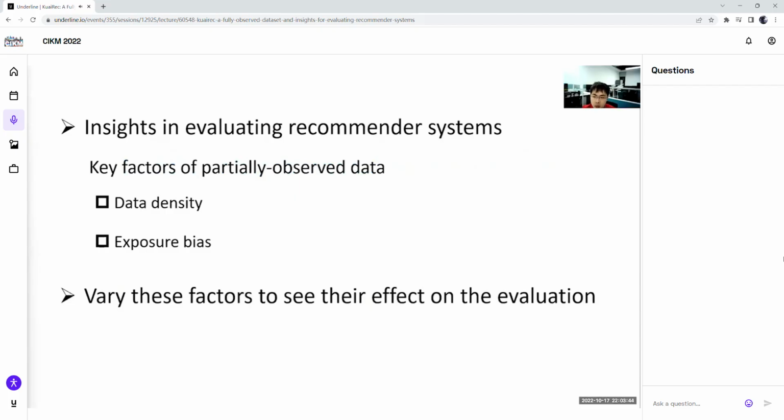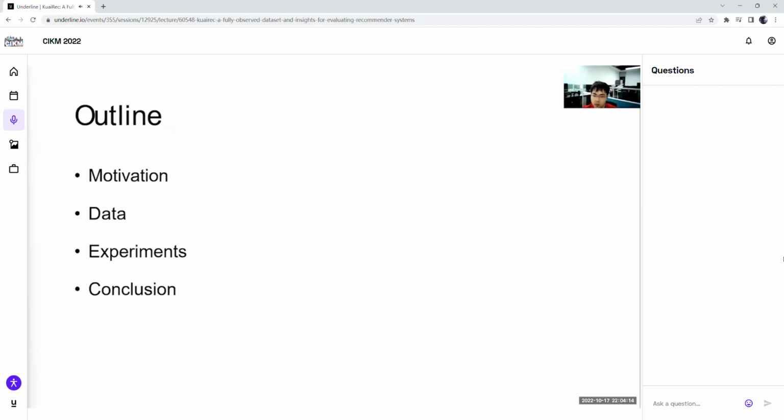Based on this data, we can further study the evaluation results on partially observed datasets with different characteristics. Specifically, we studied two key factors in partially observed data, including the data density and the exposure biases. The data density means the ratio of the items exposed to the users. So in the experiments, we vary these two factors to see their effect on the evaluation results of several recommender systems.